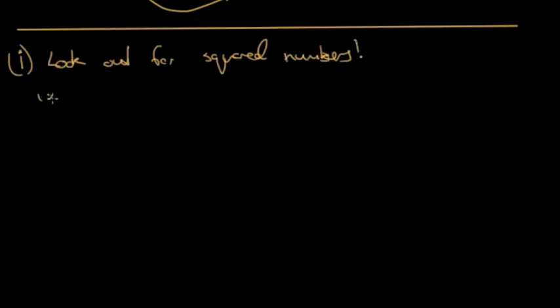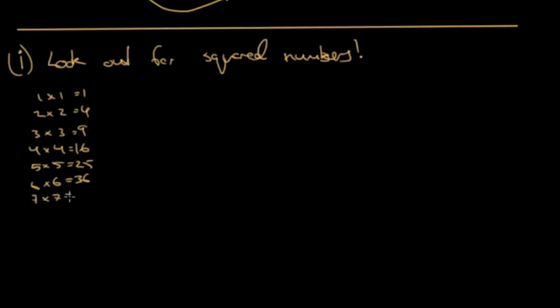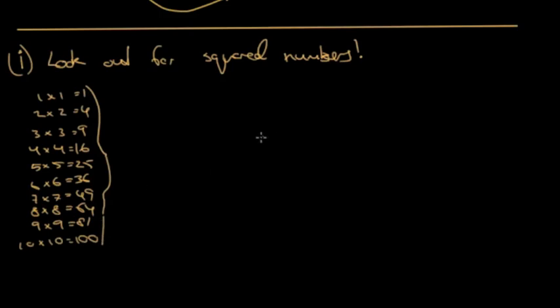Okay, so that's 1 times 1 equals 1, 2 times 2 equals 4, 3 times 3 equals 9, 4 times 4 equals 16. So these kinds of things. Look out for our squared numbers.